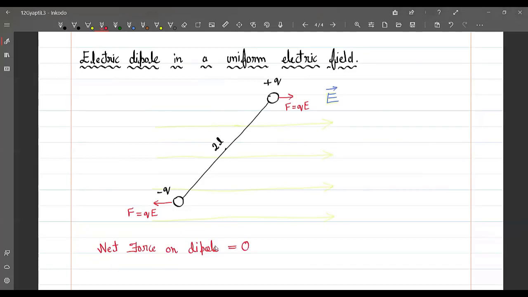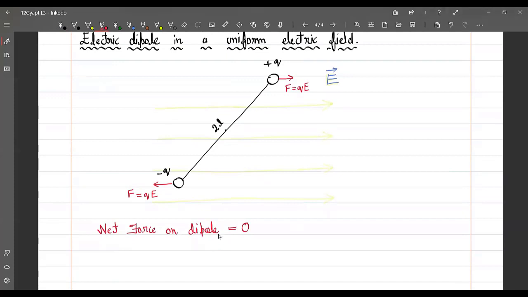But there is a torque on this, and we'll try to calculate the torque. To calculate the torque, I can calculate torque about the negative Q charge, or I can calculate torque about the positive Q charge. So let us calculate the net torque about the minus Q charge.